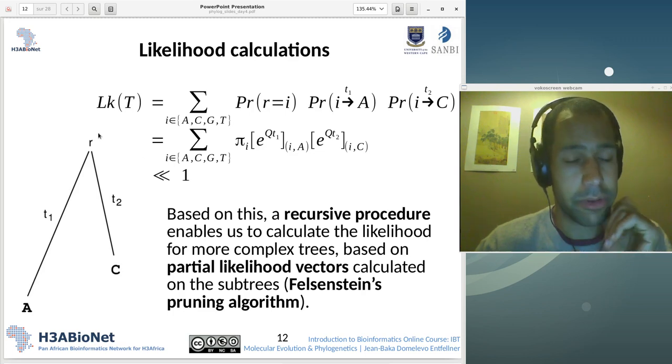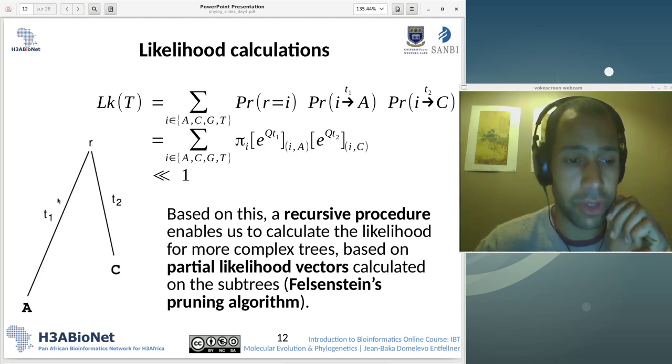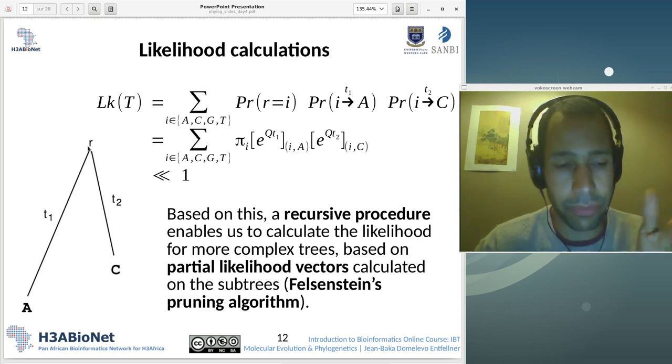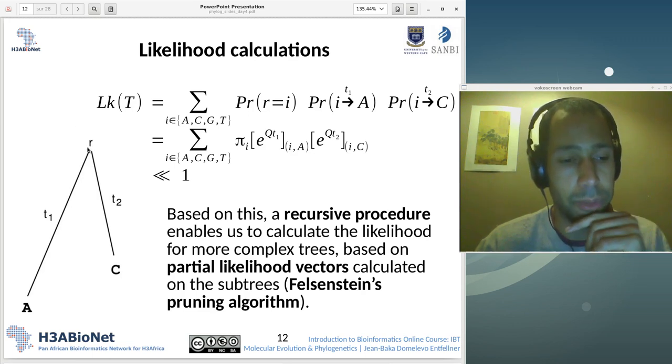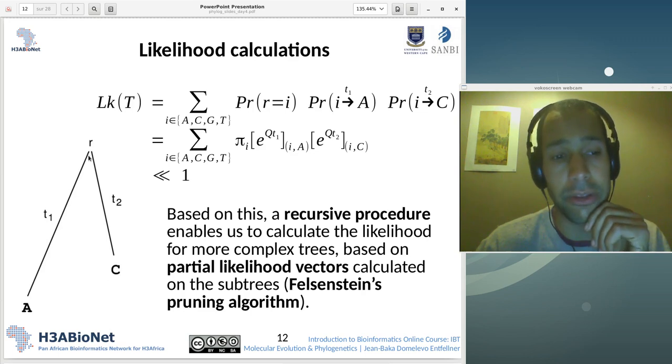What is this probability? Based on the fact that evolution is supposed to be independent on each of the branches, you see, if we take the example of a speciation node with two species that evolve on one branch and on the other branch, once the two branches separate, then the evolution is supposed to be independent on each of the branches.